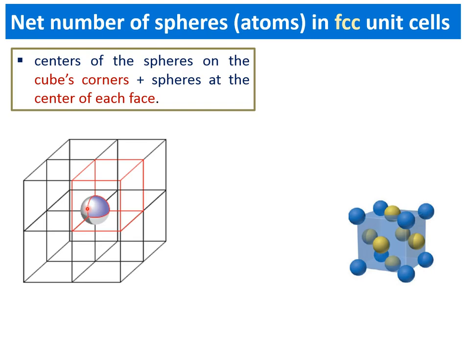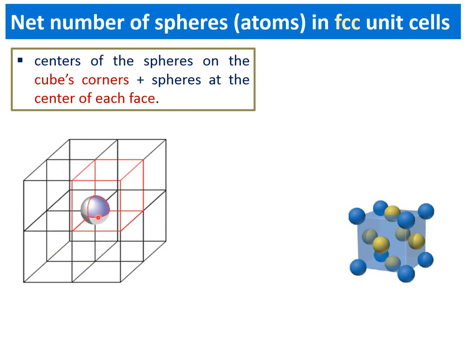So this atom is located at the corner of this cube, but it also interacts with 4 other cubes in the same layer, and with another 4 cubes in another layer. Those are 8 cubes.